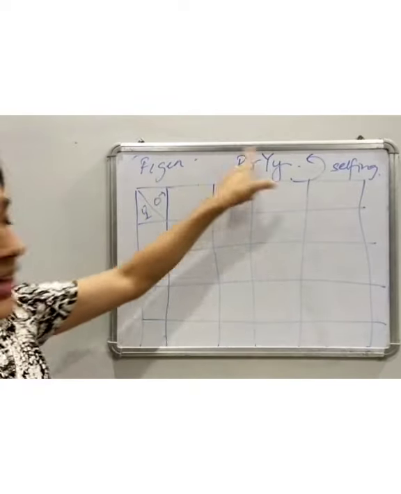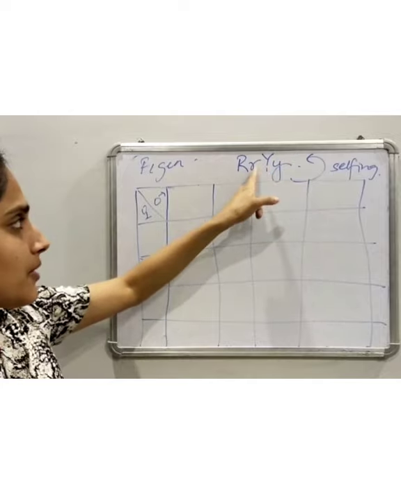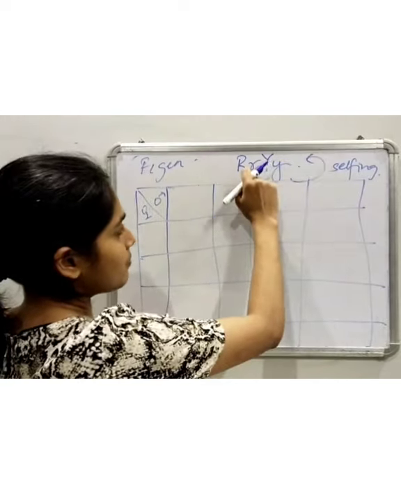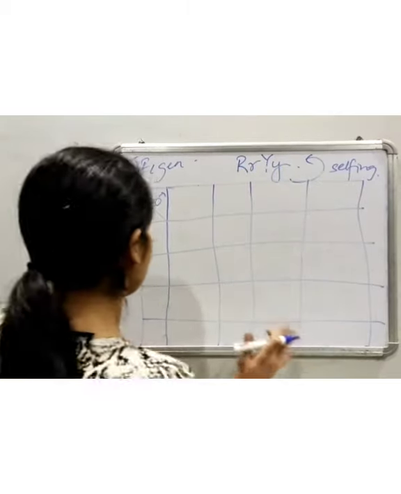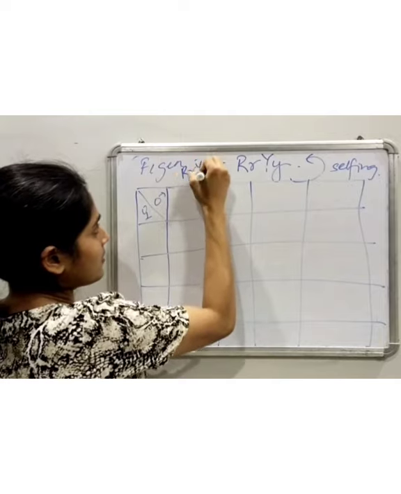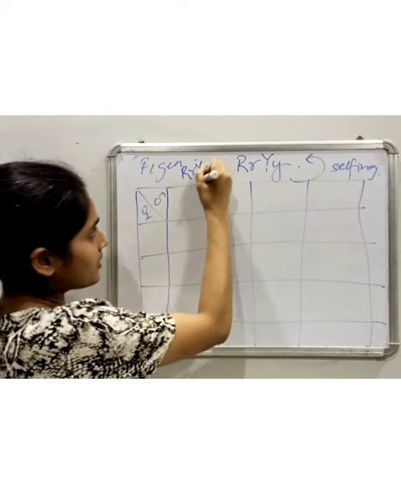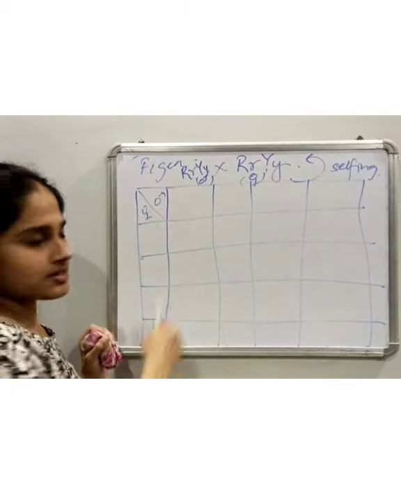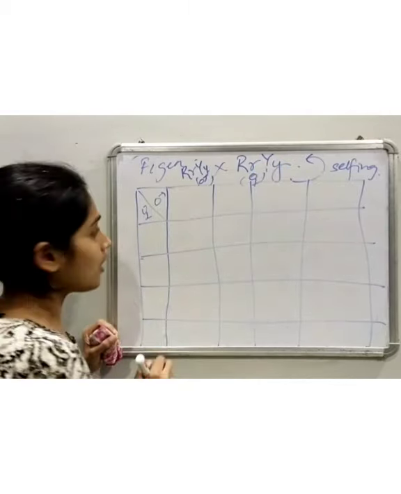Now how will the gametes be formed for this one, because both this R with this Y, and this small r with this Y. So let's see how the gametes are formed. Because it's selfing, suppose this is male and this is female, so we'll write the gametes in the respective columns.